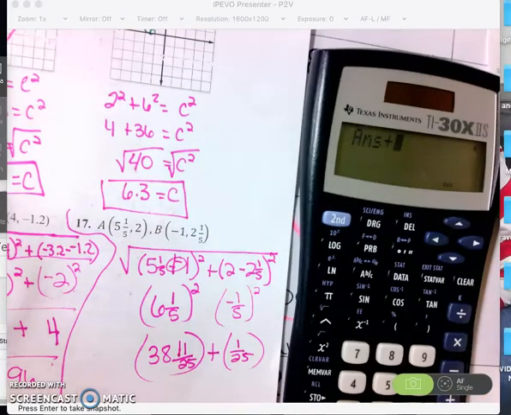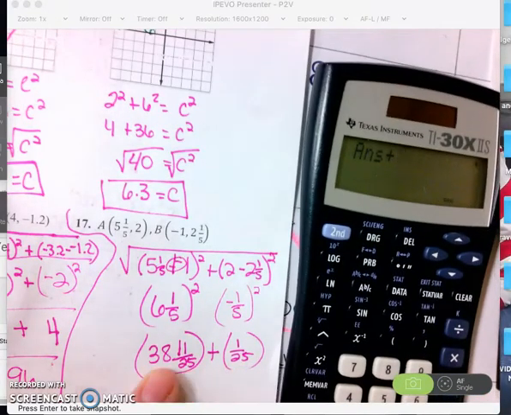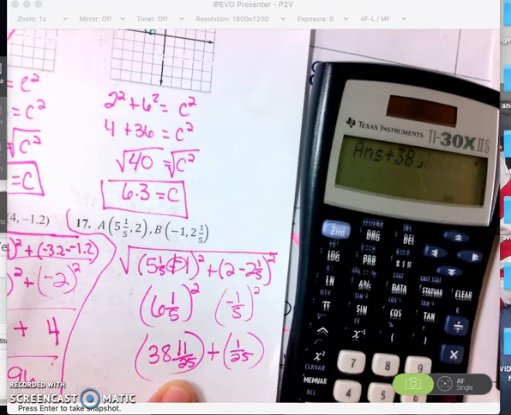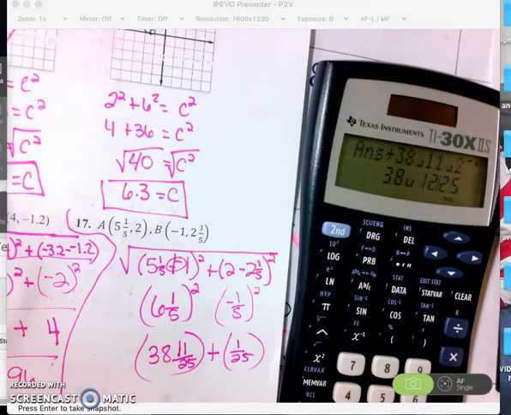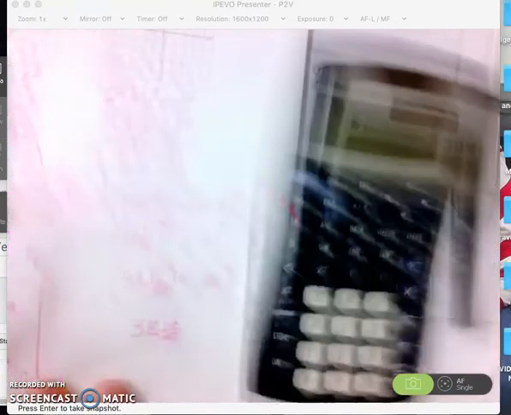So I'm going to add my answer of 1/25 to 38 11/25, and I should get, oh yeah, they have this. Yeah. I could have probably done that without a calculator because they have common denominators, and I'm just adding the 11 plus the 1, so 38.